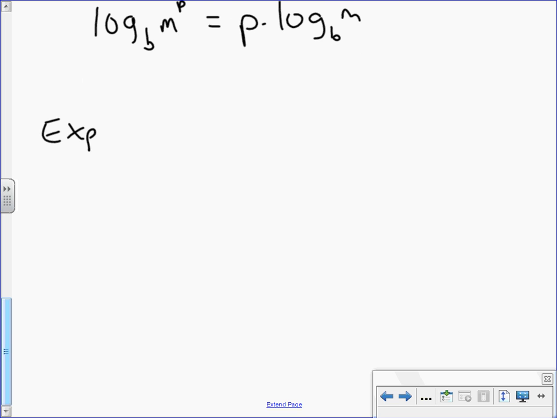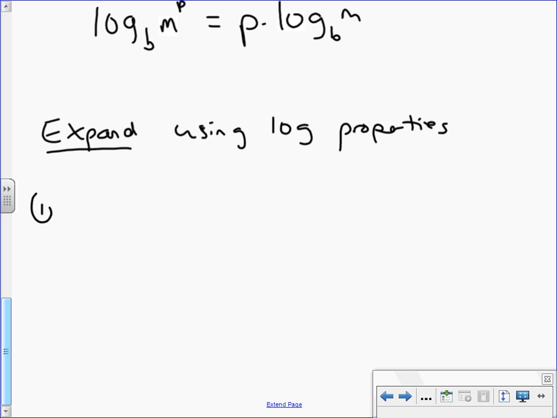We're going to do 2 kinds of things. We're going to expand, that's the letter A, using log properties. We're going to expand. That's our first thing. I've got 6 of these I want to go through.